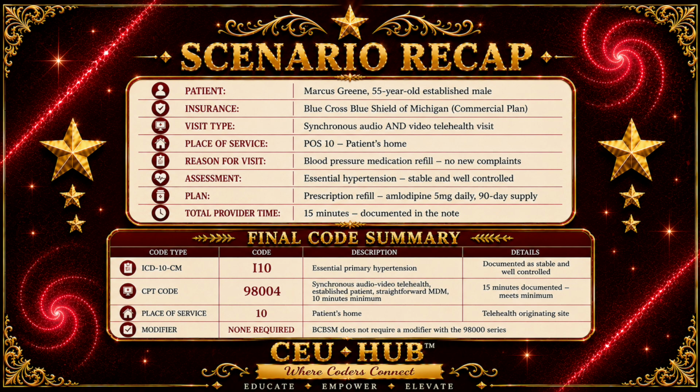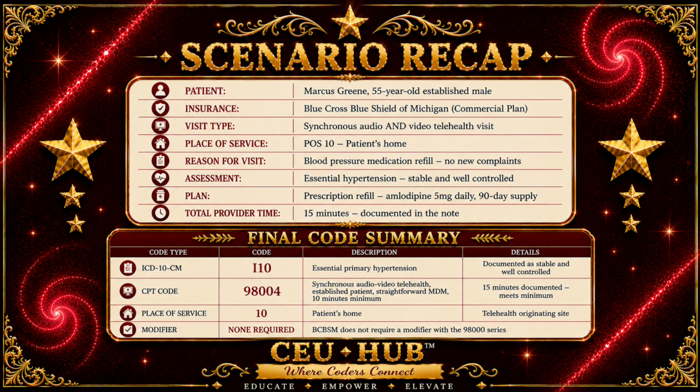No modifier is required with 98000 series per Blue Cross Blue Shield of Michigan. Our place of service is going to be 10 because it was from the patient's home. But place of service 02 is for if a patient was at another site other than their home.